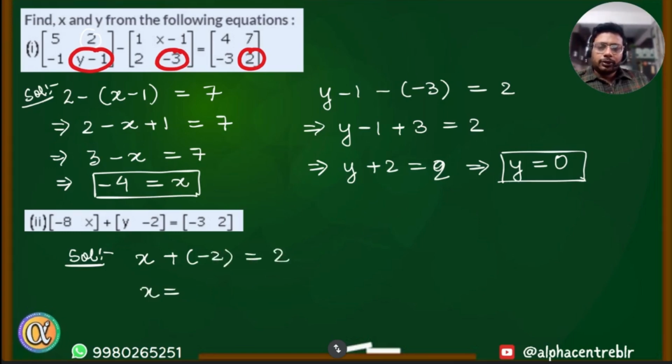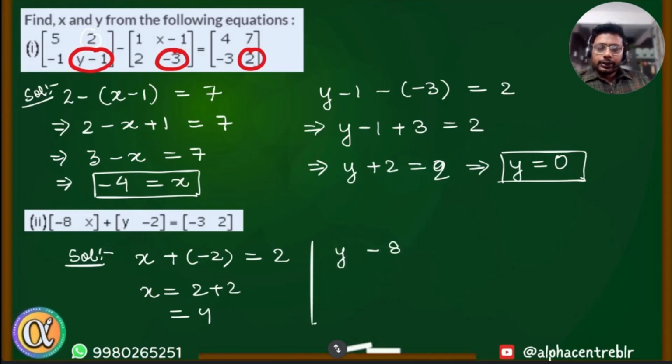That means x is equal to 2 plus 2, 4. And therefore y plus minus 8 is equal to minus 3. Therefore y is equal to minus 3 plus 8, which is 5.